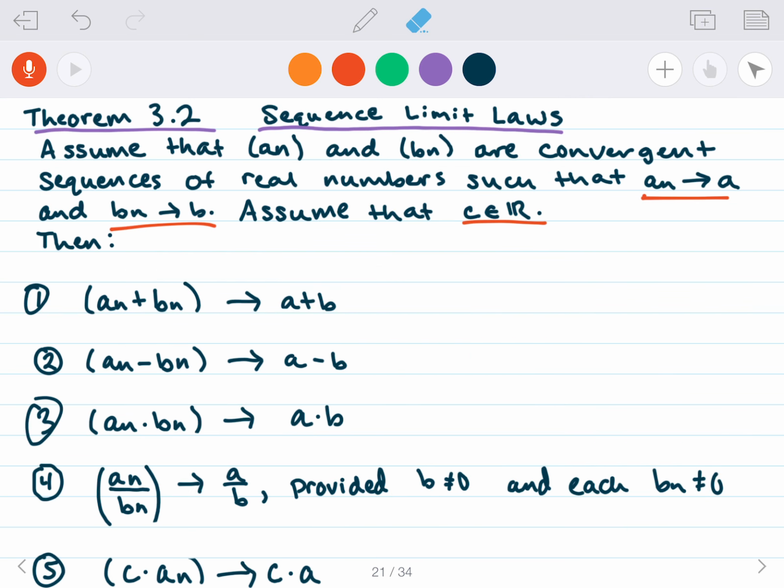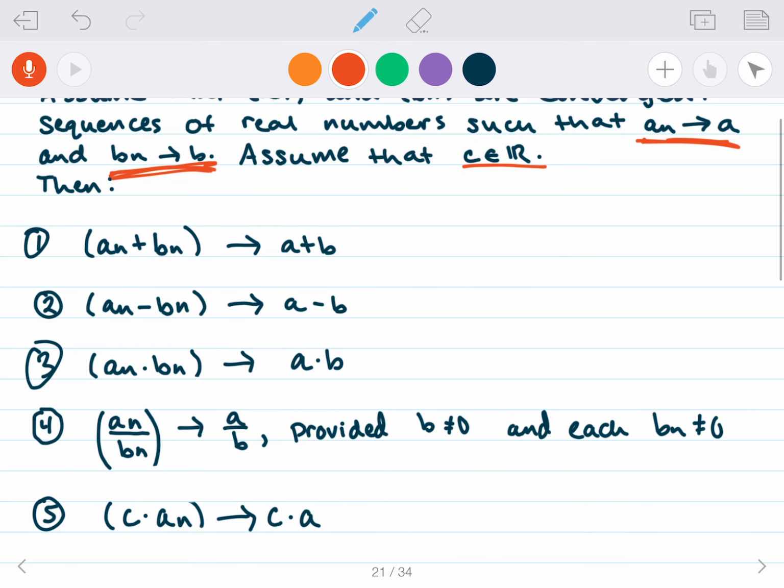Okay, so the next theorem we're going to talk about are the limit laws that you probably learned in Calc 1. Basically, if you have two sequences, a sub n and b sub n, and a sub n converges to a real number a, and b sub n converges to a real number b, then the following 5 things hold. If you take the sum of the sequences, then that sequence is going to converge to a plus b.